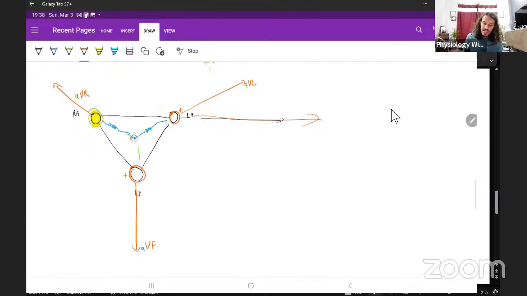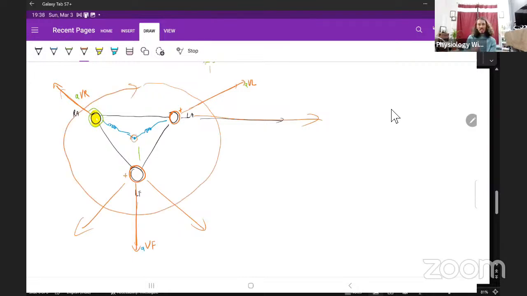We have lead 1, lead 2, lead 3, aVL, aVF, and aVR. So we just got this full directionality in this particular plane. Is it 3-dimensional yet? It's still 2-dimensional.